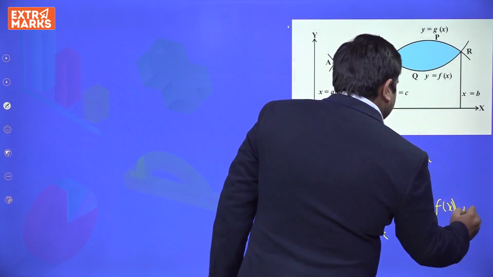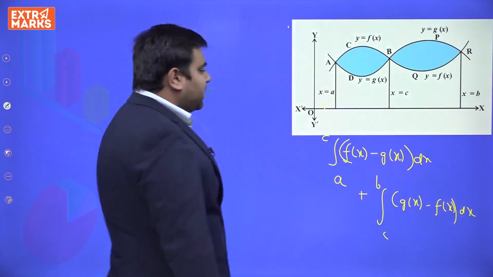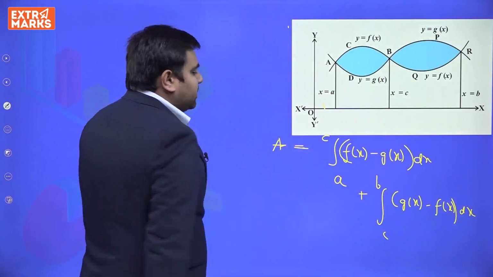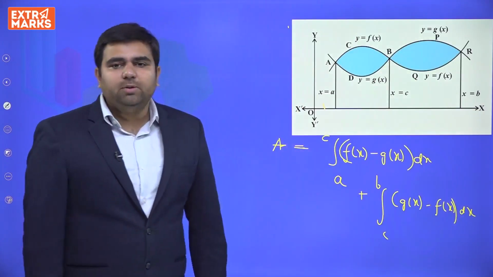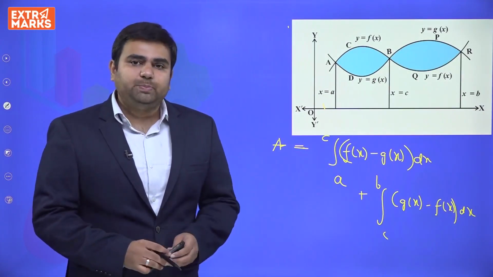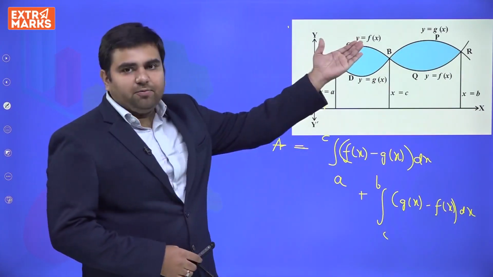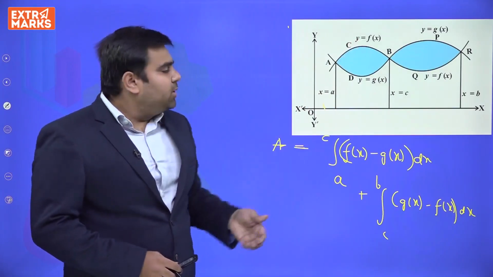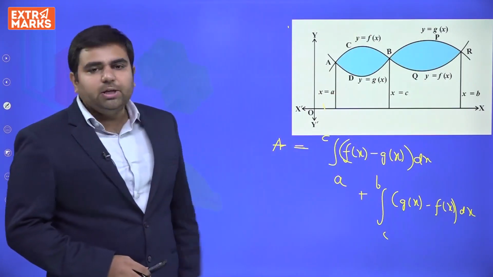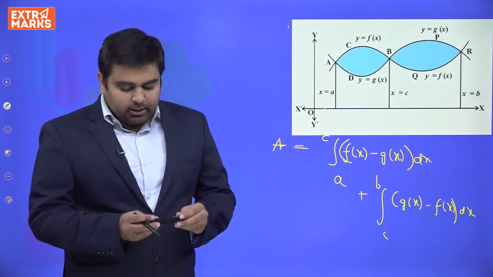So this would be the final expression. The actual concept is upper minus lower. So upper is f, lower is g between a to c, and between c to b, upper is g, lower is f. So here is the correct expression for the area.